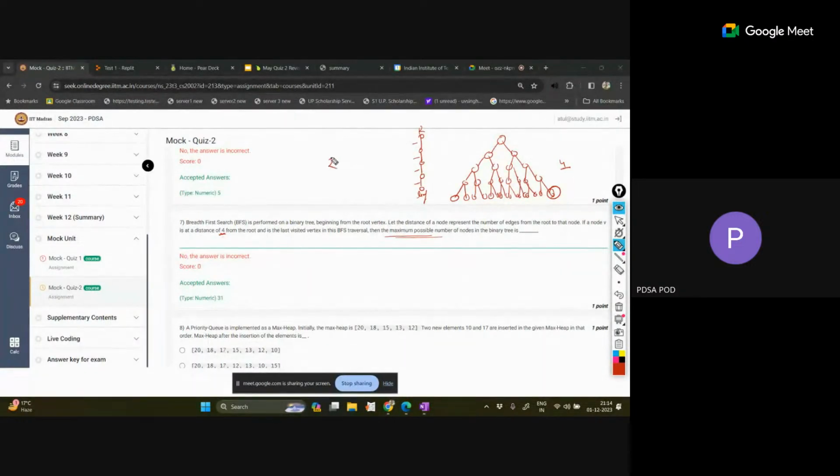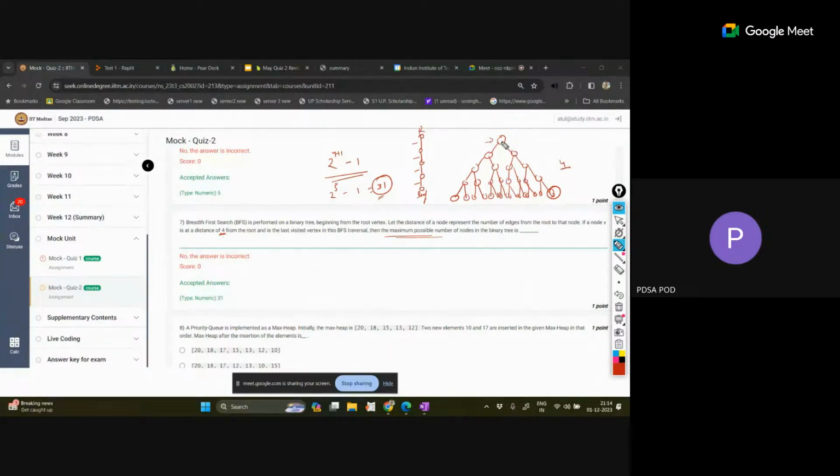That is 4, and then we will add one more. So 2 to the power (4 plus 1) minus 1. Here we are using this D. We get 2 to the power 5 minus 1, which is 32 minus 1, 31. If you count all the nodes in this tree, you will get 31 nodes. So this is the maximum number of nodes in this binary tree.